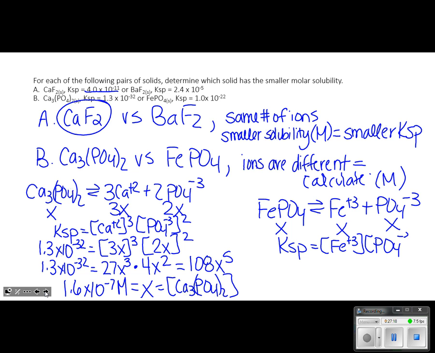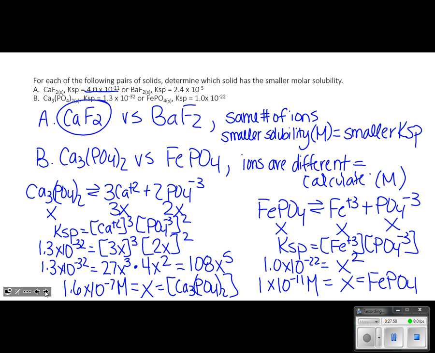This one doesn't have any exponents we need to add in. Our KSP is 1.0 times 10 to the negative 22nd. And we're going to fill in x in both places. So if you want to go ahead and just go x squared there, you can. And all we're going to have to do is take the square root of this, which is 1 times 10 to the negative 11th molar equals our iron phosphate.